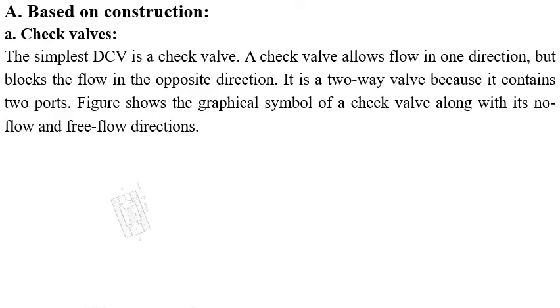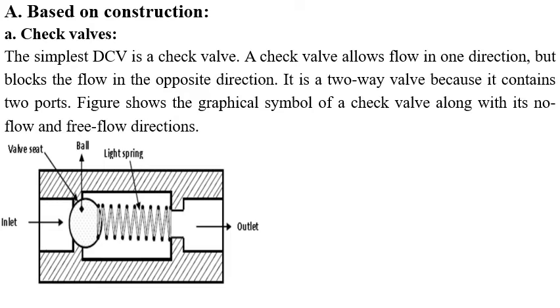Look at the construction of the check valve. Here is the inlet. Look at the direction. Here is the inlet, and the poppet is made like a ball, and because of the spring expansion, the ball is seated on its valve seat, and this is the outlet.